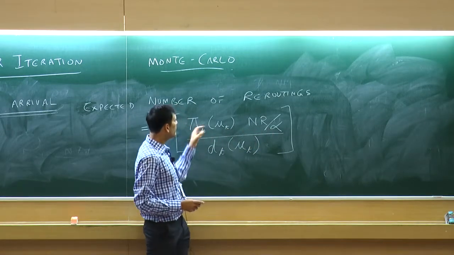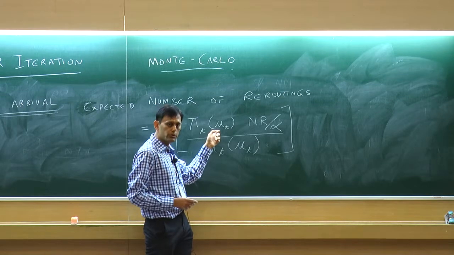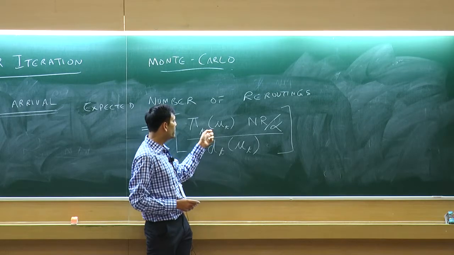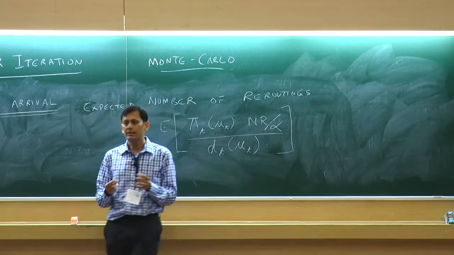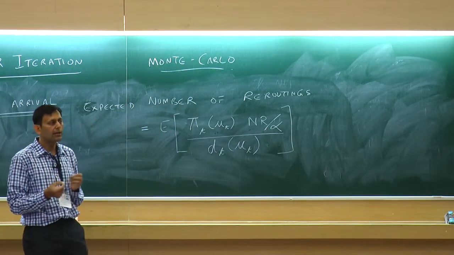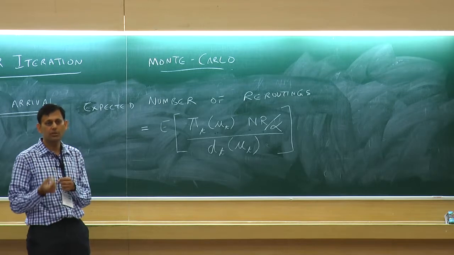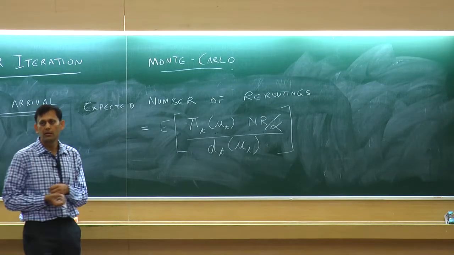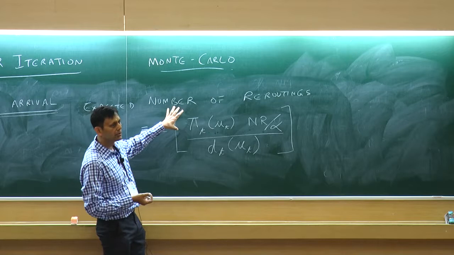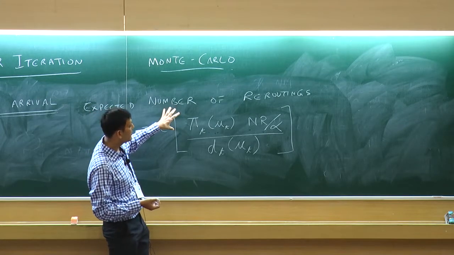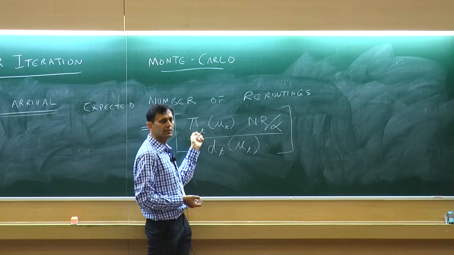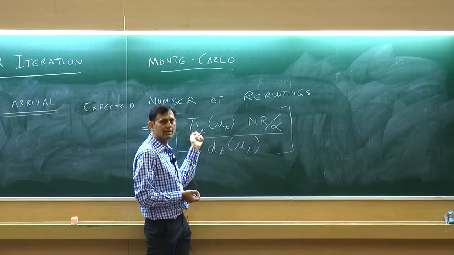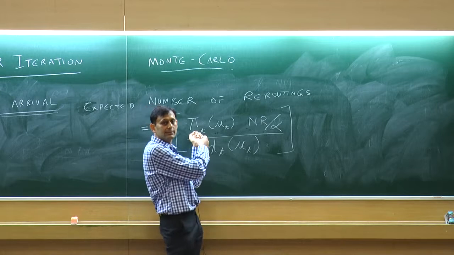The number of these random walks that pass through ut is going to be pi t of ut times nr over alpha in expectation. The reason is that the Monte Carlo is the same as the stationary distribution of the page rank. So the number of random walks that we expect to go through ut is nr over alpha times the page rank of ut at time t. Does this make sense?